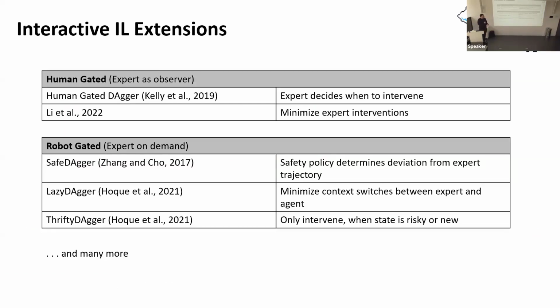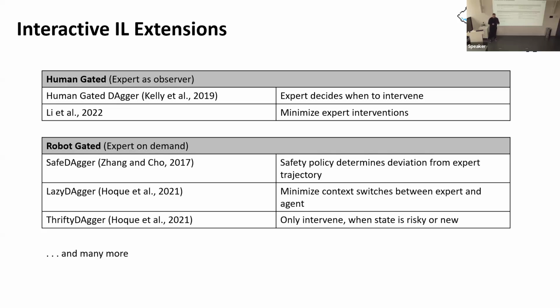The problem that I just mentioned, that the expert is asked a lot for the states, will be solved by some extensions. For example, we have two, I would say, broad areas: robot-gated and human-gated interactive reinforcement learning. In human-gated, we have the expert as observer.